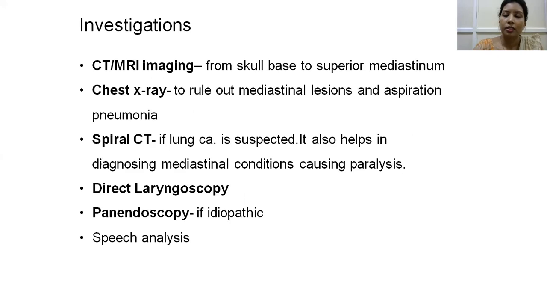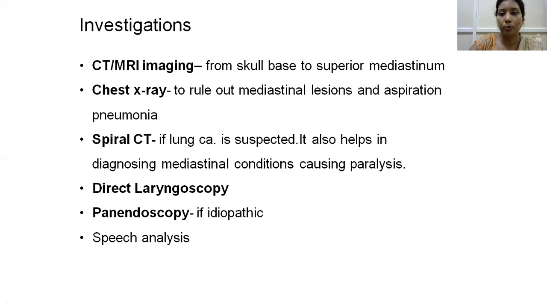This set of investigations is common for all types of laryngeal nerve paralysis. Yes, so you take a CT MRI imaging from skull base to superior mediastinum. Here in a recurrent laryngeal nerve, imaging from skull base is not very necessary because we're talking about recurrent laryngeal nerve paralysis. This branch is given off at a lower level.